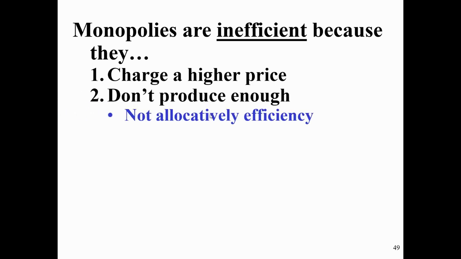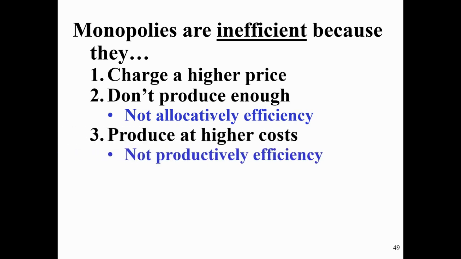Monopolies are not efficient. So monopolies are inefficient because, number one, they charge a higher price. Number two, they don't produce enough, so they are not allocatively efficient. Three, they produce at higher costs because they're not productively efficient.